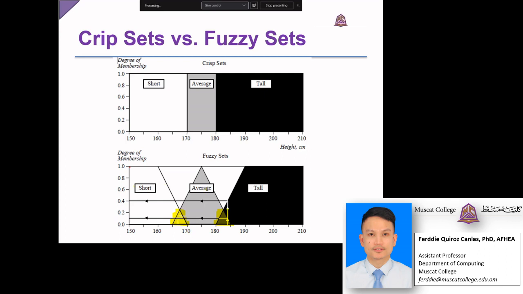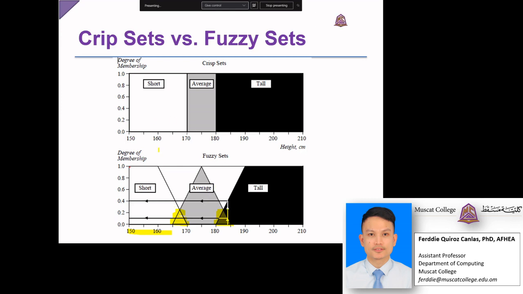So we have to categorize this to be either short or average later on. And then same here, the values from 180 to 185 can either be categorized as average or tall. But the values from here up to here, there's no argument, they are tall. And the values from 150 to 160 here, there's no point of argument, because obviously they are short.